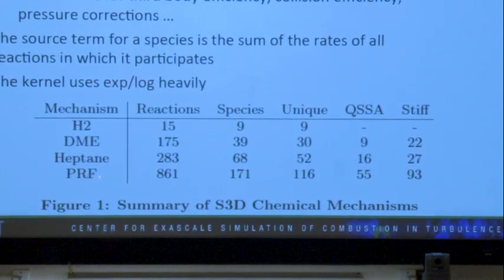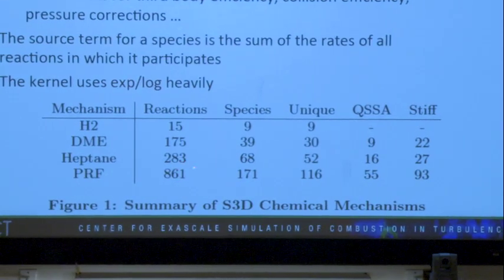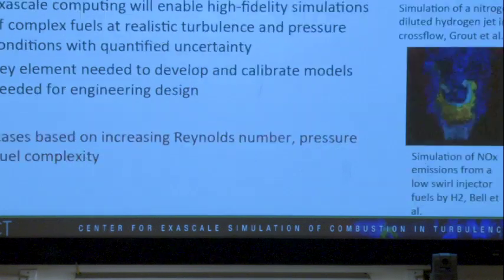For a primary reference fuel representing gasoline, detailed would have something like 861 reactions, 171 species, and we can get that down to about 116 species with about 55 species put into quasi-steady state and stiffness removal of about 93. And so that gives you an idea of the scale of what is feasible today in these CFD calculations.